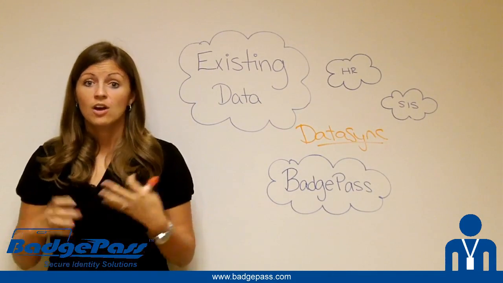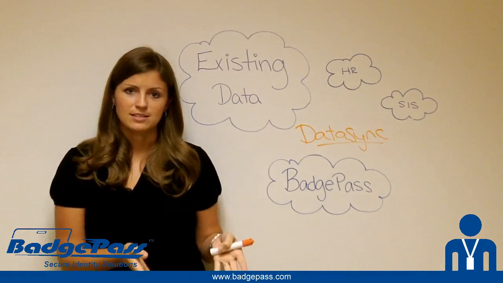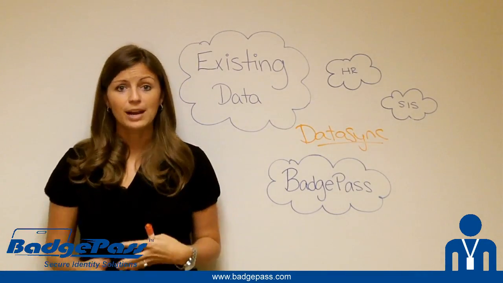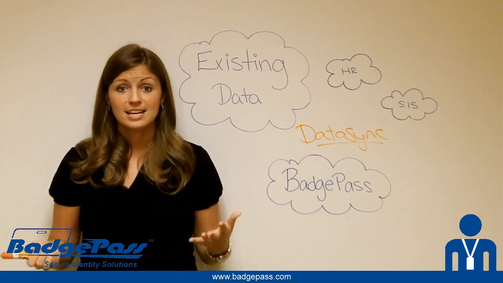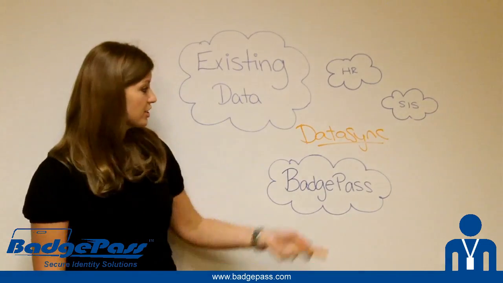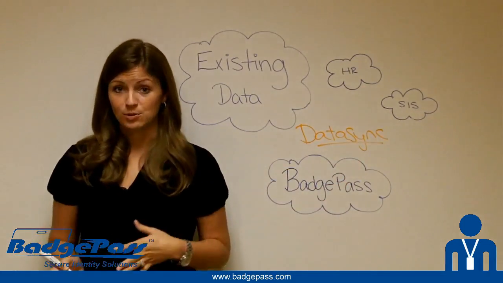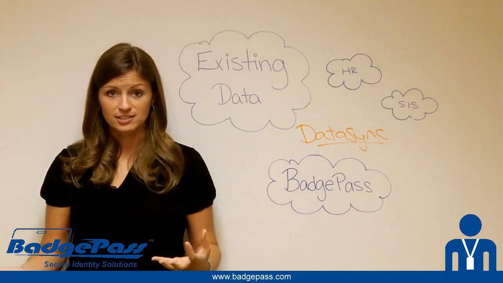Or, more commonly, your customer is going to say, well, I'm going to make changes to that database. Once you do that one-time import, what happens when I add new employees or employees leave the company? How does that data get updated in BadgePass? What you can do is set DataSync up on a schedule to monitor that customer's information for any updates or changes.